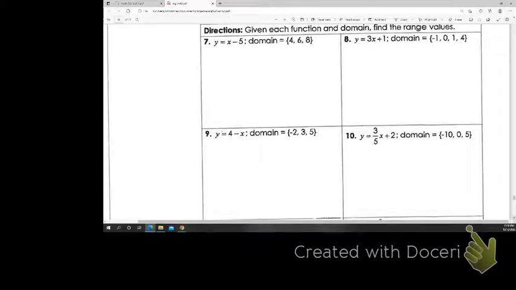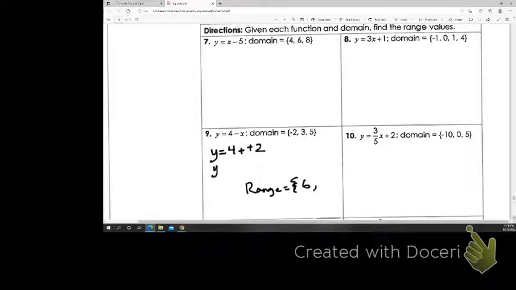So we're just, again, going to take turns. So let's say for number 9, I'm doing y is equal to 4 subtract negative 2. So my first range value is 6, because subtracting a negative is adding.